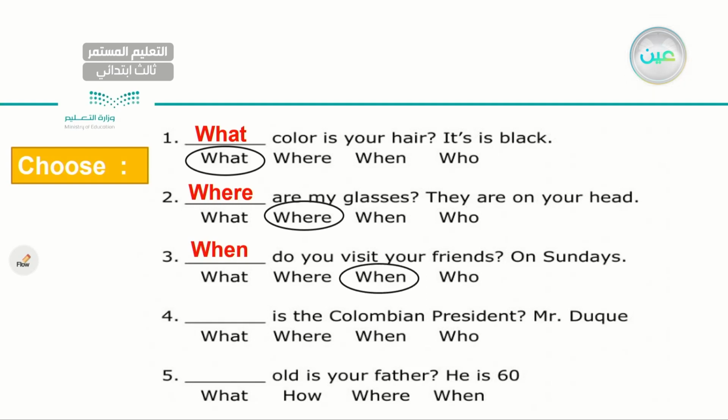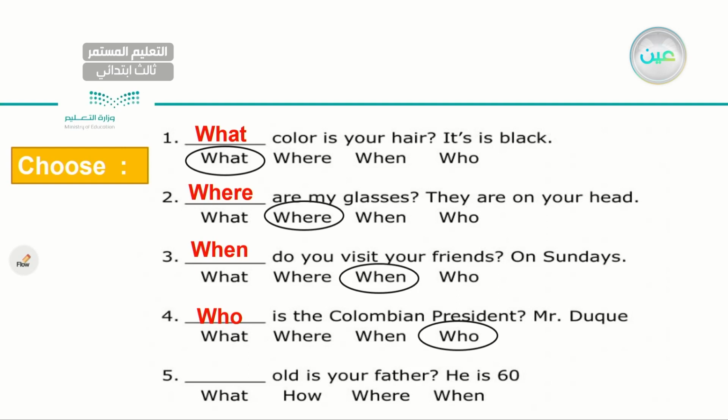On Sundays. Very good. Number 4. Is the Colombian president Mr. Duque? What do you think? What, where, when, who? I'm asking about the name of the president. So, who is the Colombian president? Very good, my dear student.